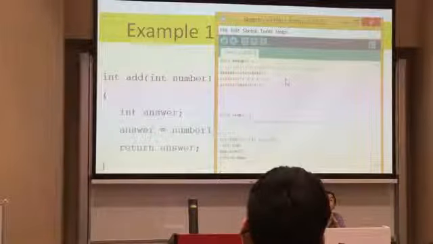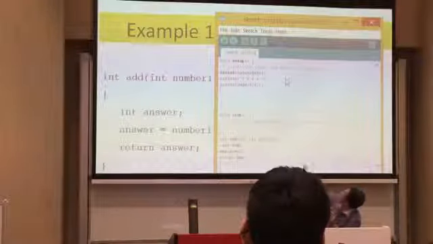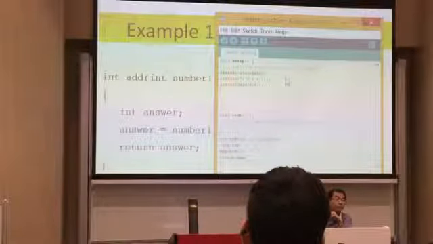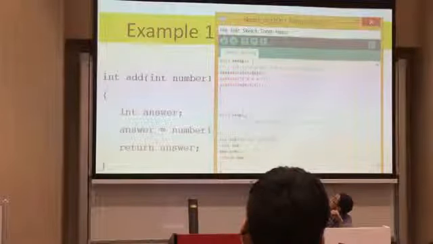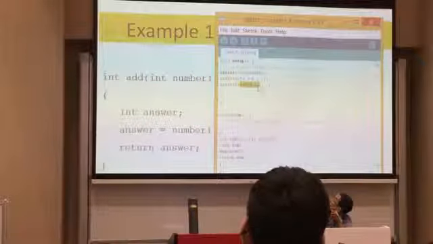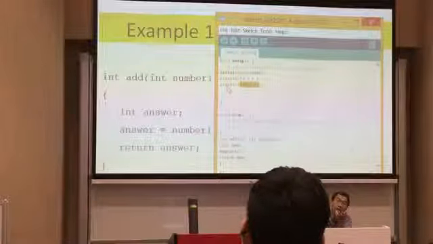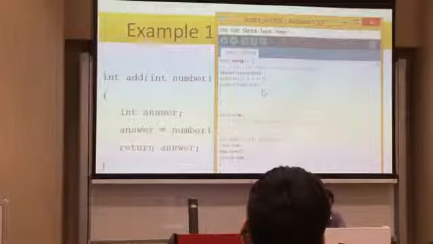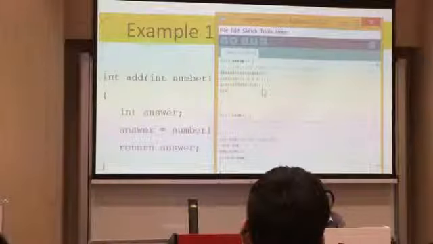So I use this add function. After you call this function, it will produce the result for you, then it will print out. Let's say I want to call this function again. I use Printl.